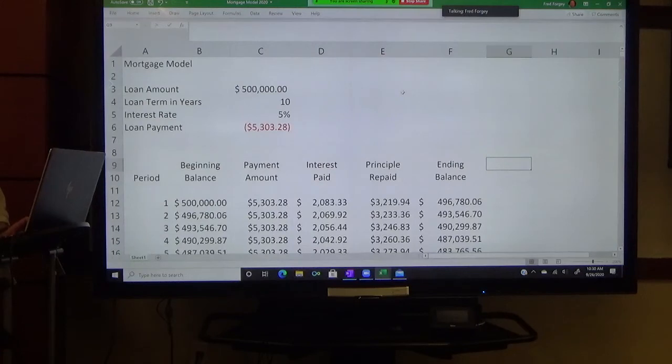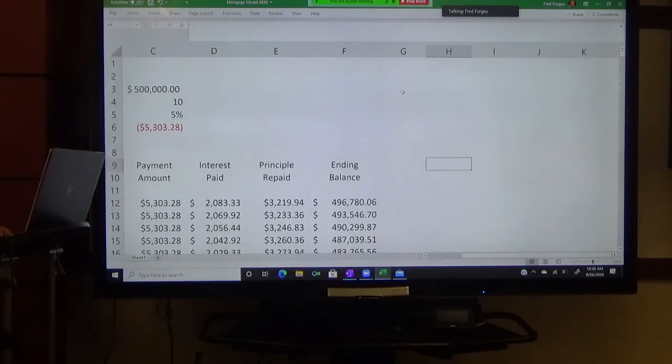All right. So, with that, what we can do is begin with what we would call our, I think on the other one I called it lender cash flow.